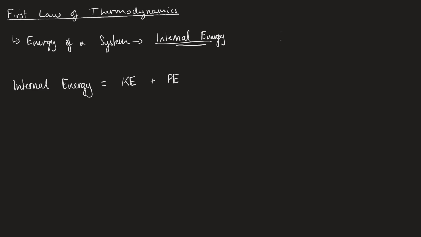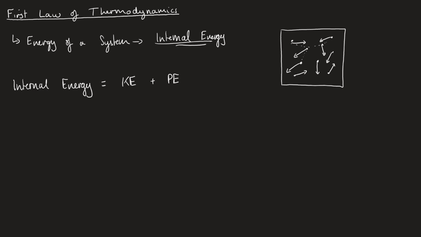If I have a system here that contains a certain amount of gas particles, let's say all of these dots are gas particles, we know they're always whizzing about because this is how gas moves. We'll look at this idea of Brownian motion in a second video. But we have all of the kinetic energies based on all of their speeds, and then we have all of the potential energies based on the weak interactions between all of these things.